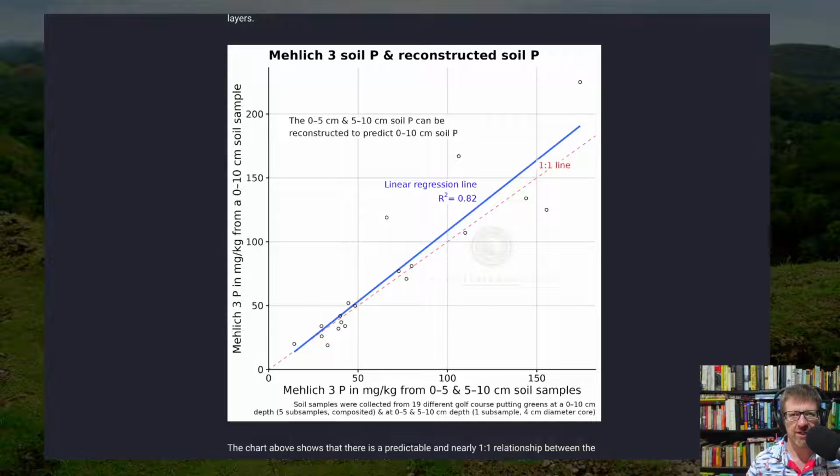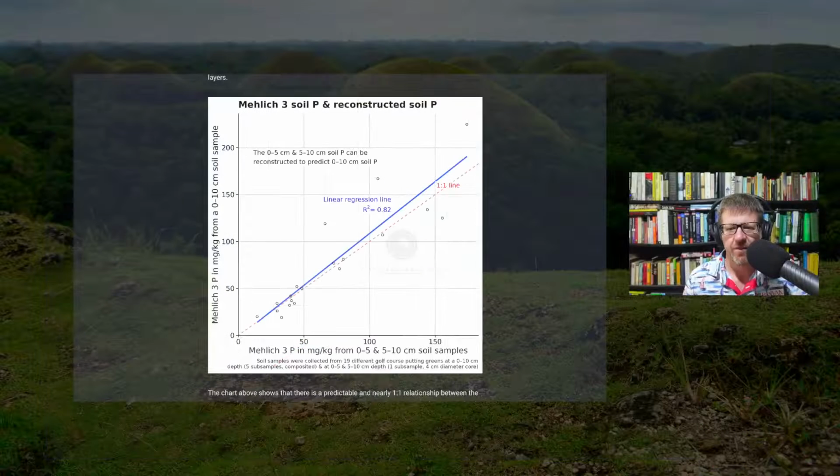So we reconstruct that, and we can predict the 0 to 10 centimeter depth or full depth sample result from those combined 0 to 5 and 5 to 10 centimeter depths.